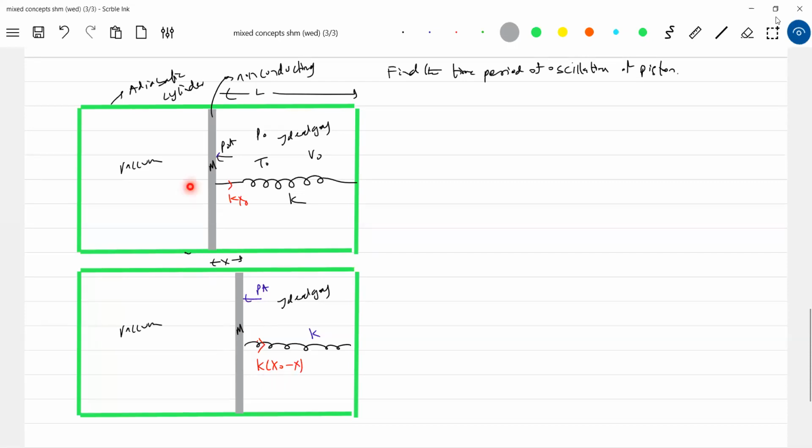Earlier, it was having some elongation, so maybe the natural length of the spring is somewhere here. This is x naught. Now, this is x naught minus x. So still it is elongated. How much elongation? X naught minus x. Now the net force will be towards the right.